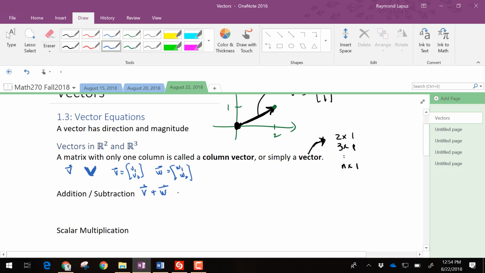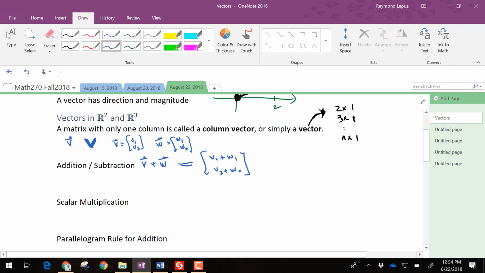So when we add these 2 vectors, what we're going to get is another 2 by 1 vector that is essentially adding the components of those original vectors. That's easy enough to figure out, yeah? So that's vector addition. And the other major operation that we're going to discuss is scalar multiplication.